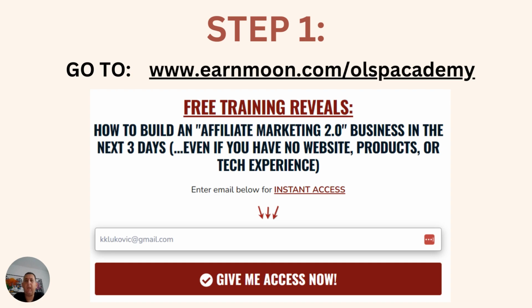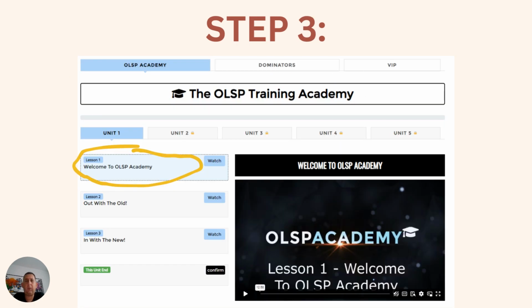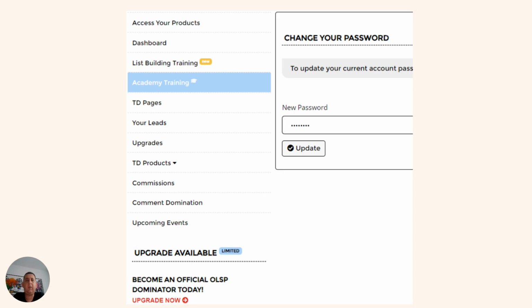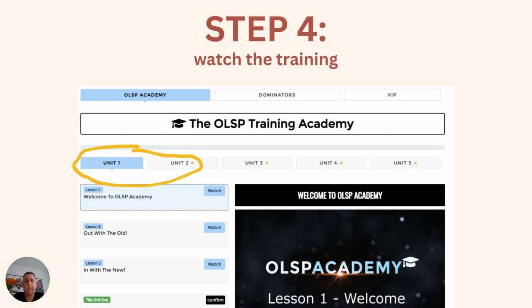So to keep things safe for you, you should create a new password as soon as possible. You go to update password, enter the password, update, and the password will be updated. The next step is, on that page, go to Academy Training to open the page with all the training that you should go through.